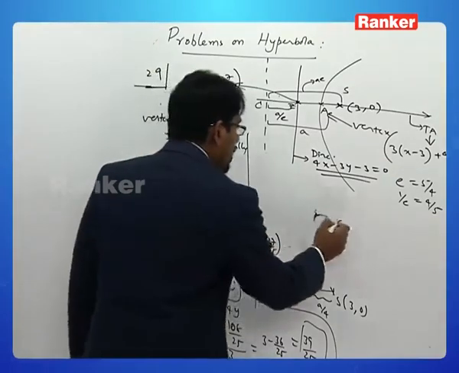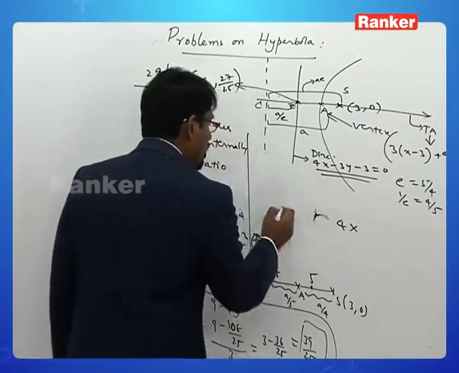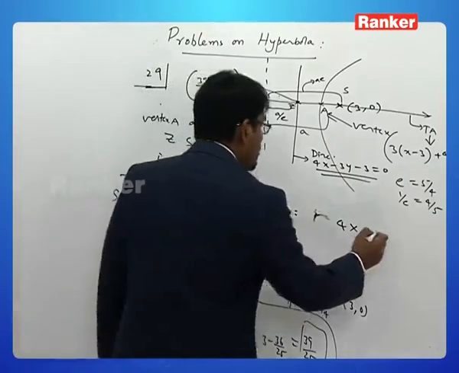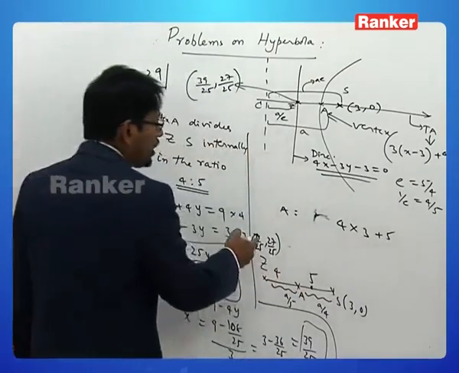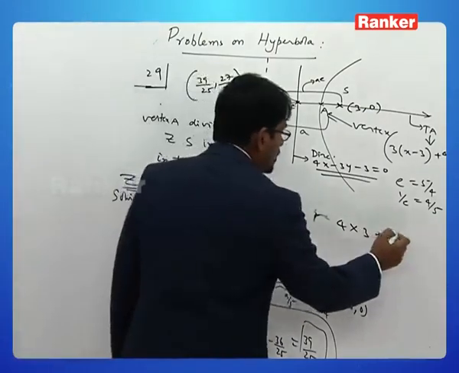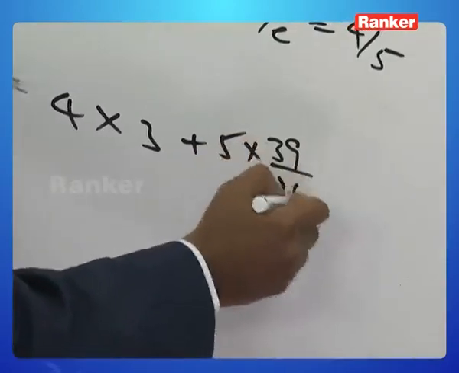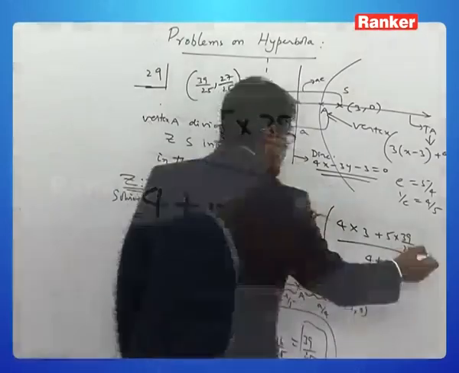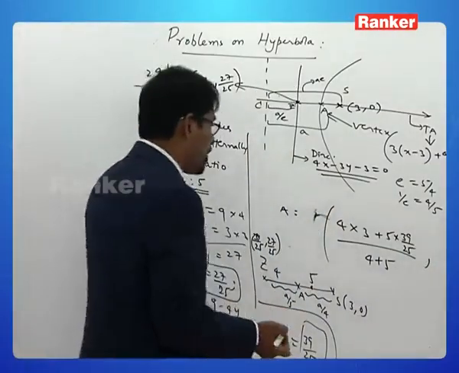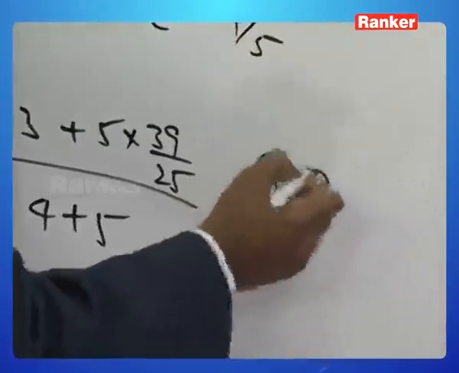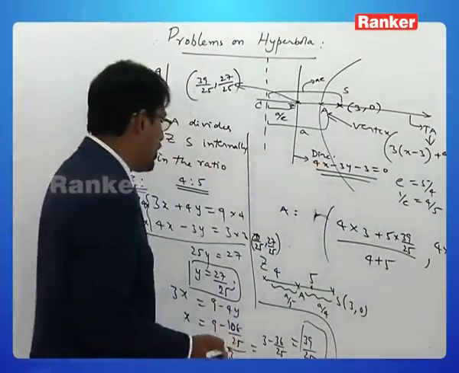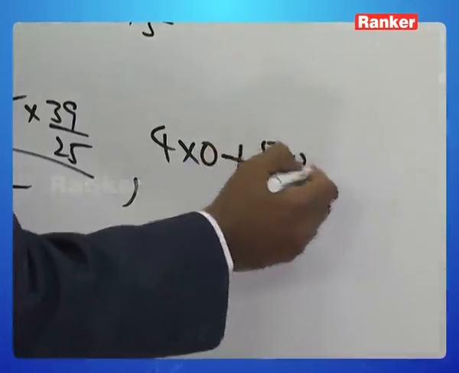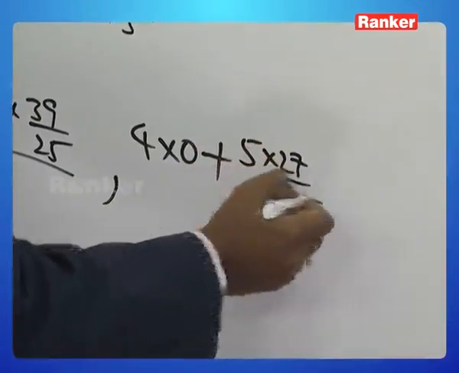So the A coordinates we are writing here: 4 into 3 plus 5 into 39 by 25, by 4 plus 5, comma, 4 into 0 plus 5 into 27 by 25, by 9.